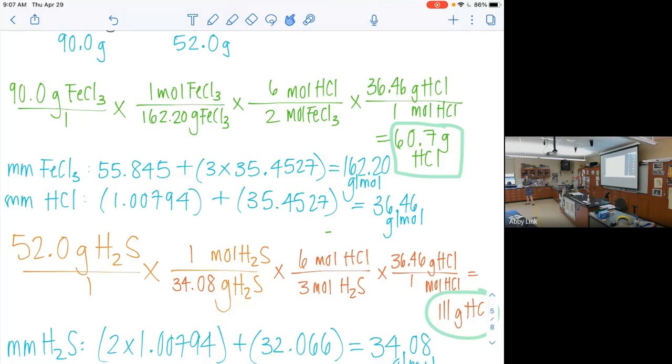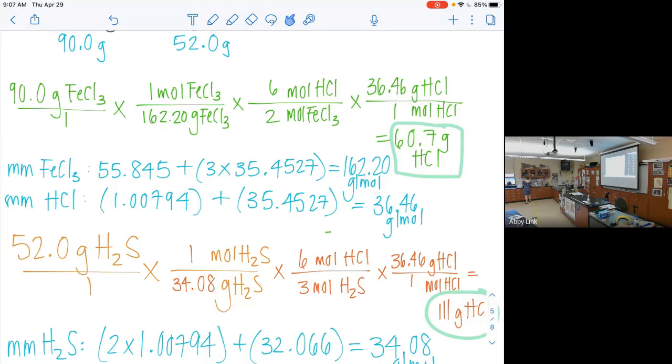So I did 2 grams to grams stoichiometry calculations. I started the first one with the 90.0 grams of the iron 3 chloride, and I went to grams of HCl. I started the second calculation with 52.0 grams of H2S and went to grams of HCl.